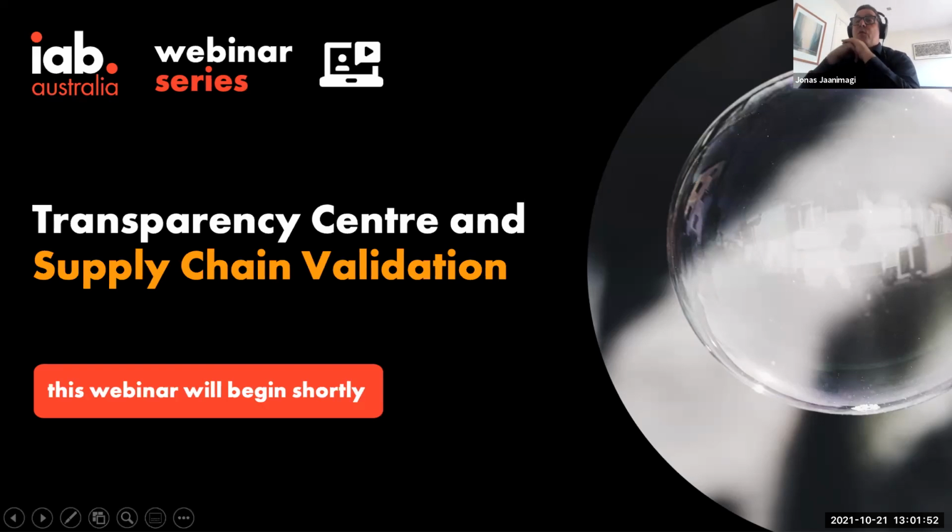Welcome. Thank you very much for joining us here for what I think is an important webinar today. We are running our fortnightly series, and we have previously talked about the programmatic transparency standards in one form or another in a couple of previous webinars.